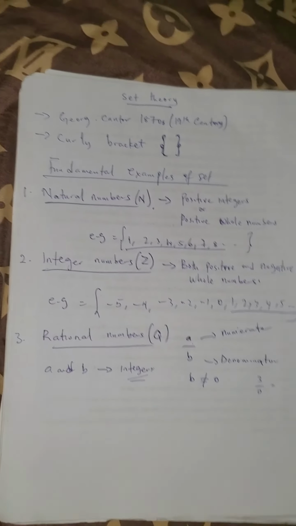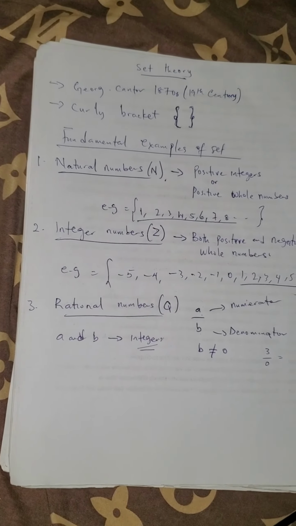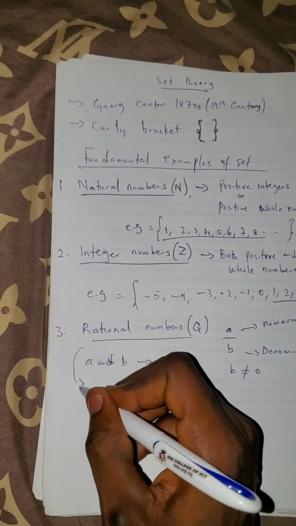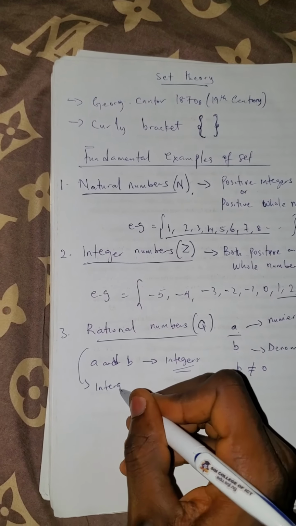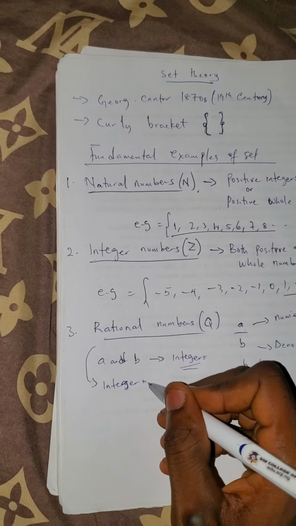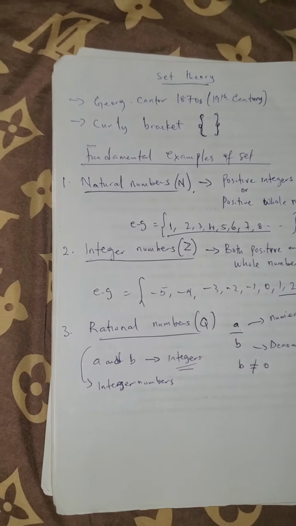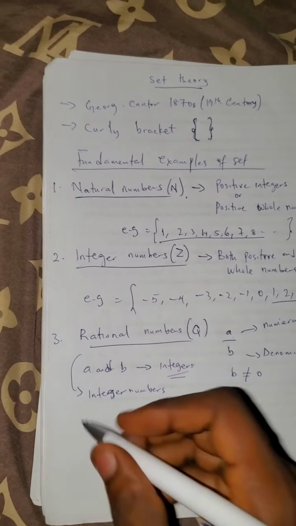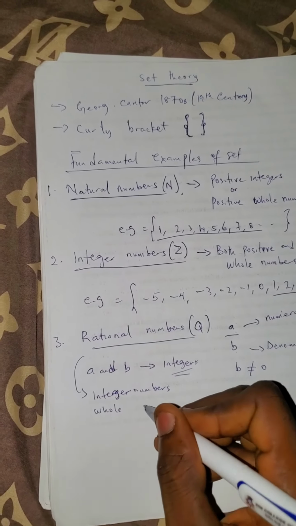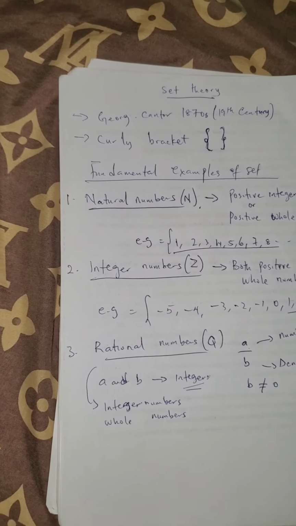Now, whenever you are talking about rational numbers, I can say categorically that integer numbers are under rational numbers. A form of whole numbers are under rational numbers.